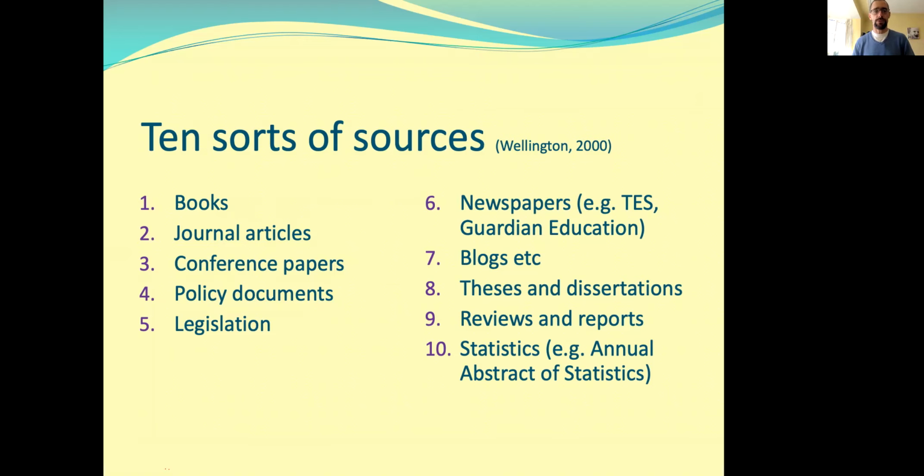So in reviewing the literature, you probably want to draw on some combination of these kinds of sources, because you want to establish as broad and well-informed a picture as you can of whatever topic it is that you're interested in. And that brings us to think about the purpose of reviewing the literature.